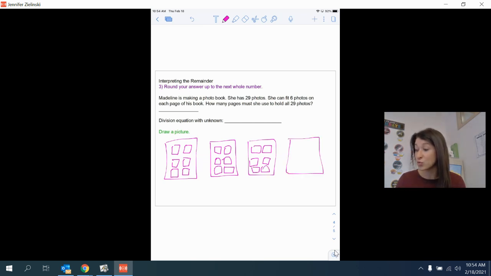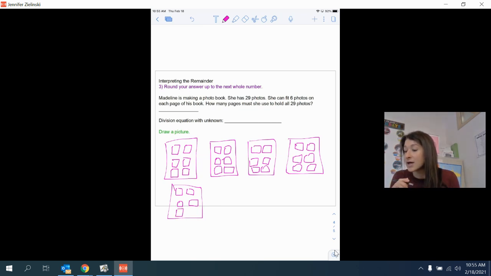I still need to get to 29. I've got 24, 25, 26, 27, 28, 29. How many pages must she use to hold all of the photos? Here's our division equation: 29 divided by 6 equals P for photos.